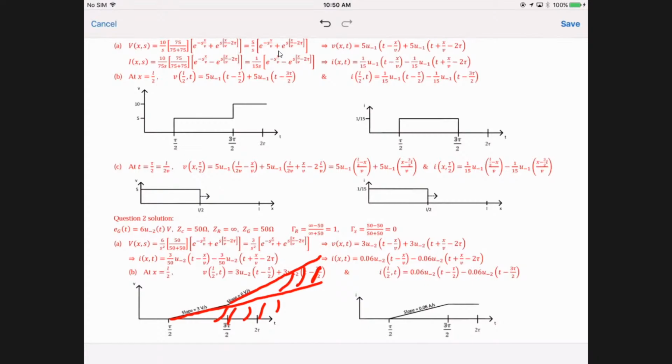If it is a reflection, then you add the reflection. If it's a step, you add the step. Nothing to think, or very little thinking for this. That's why, how can you miss it? You cannot miss it.